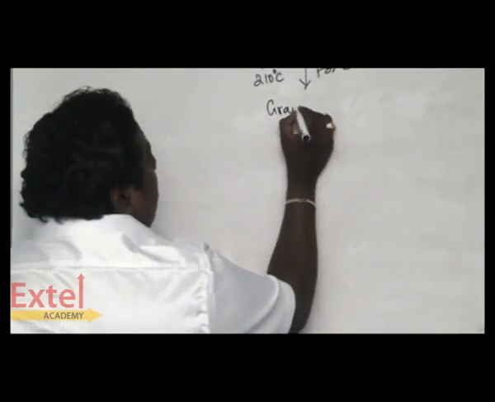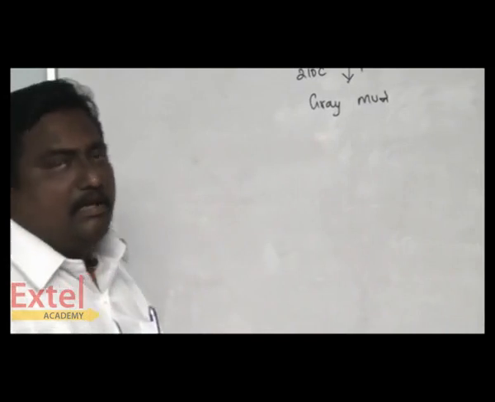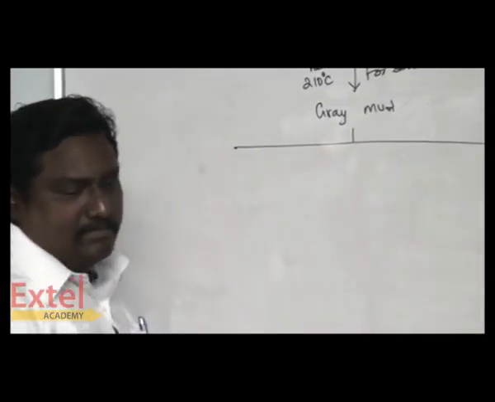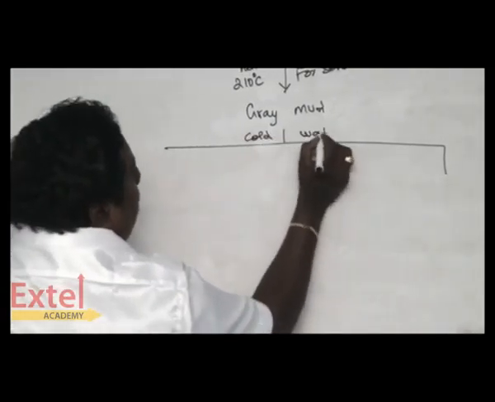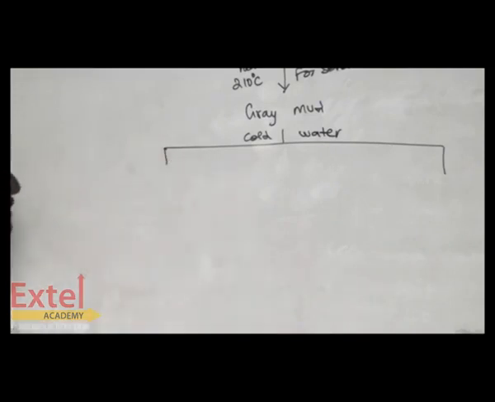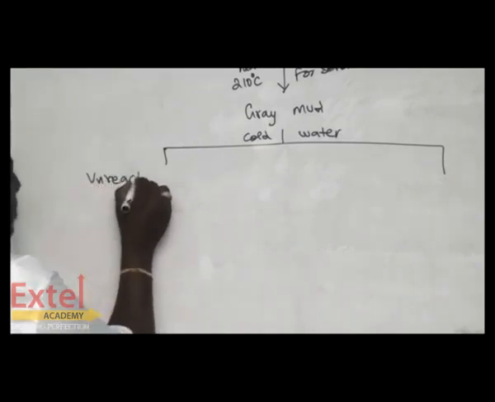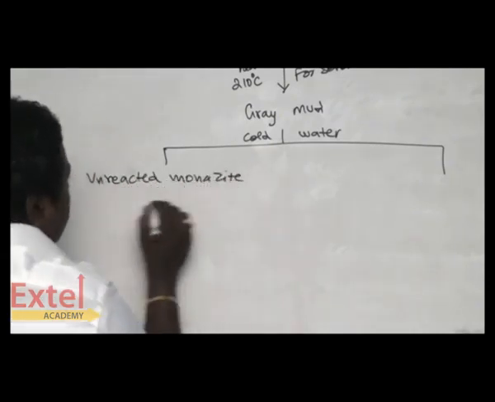While doing so, a grey colored mud is formed. Further, the grey colored mud is treated with cold water. Here, unreacted monazite sand is left.